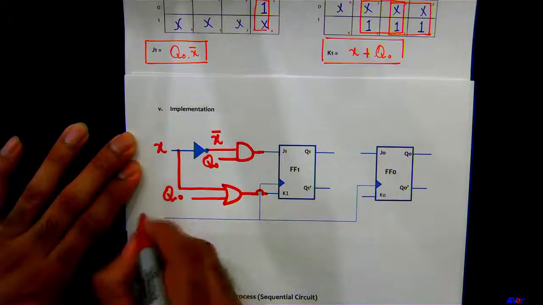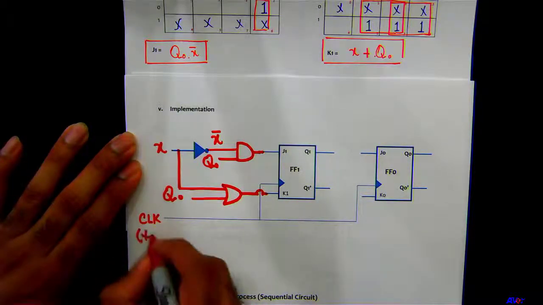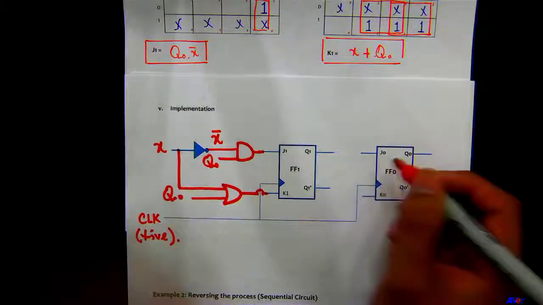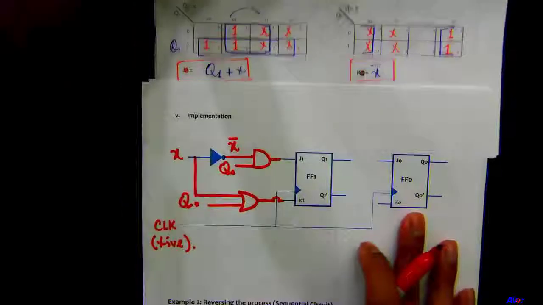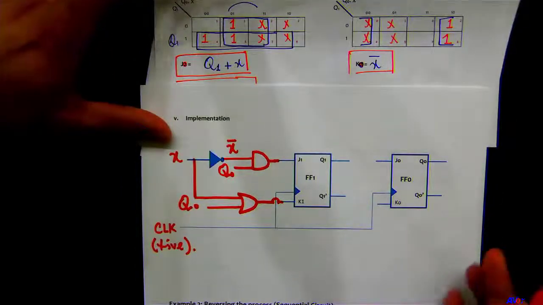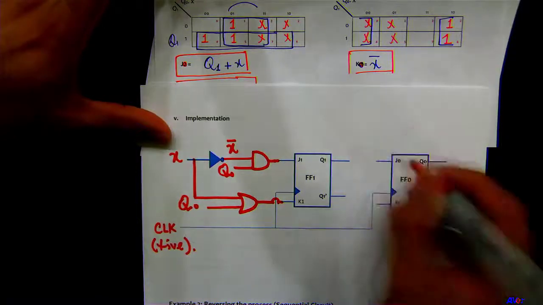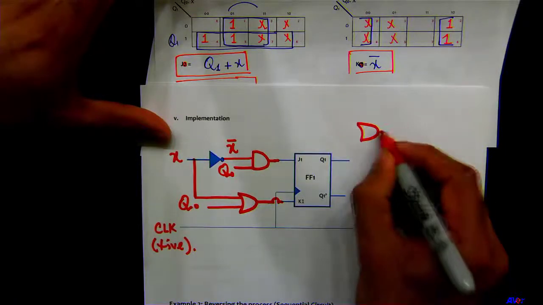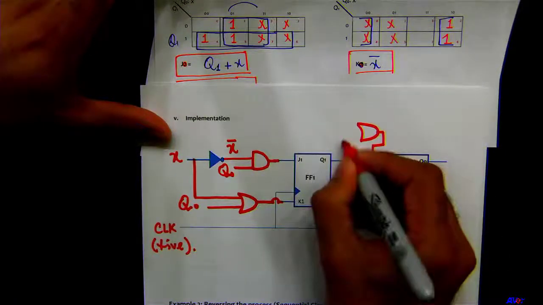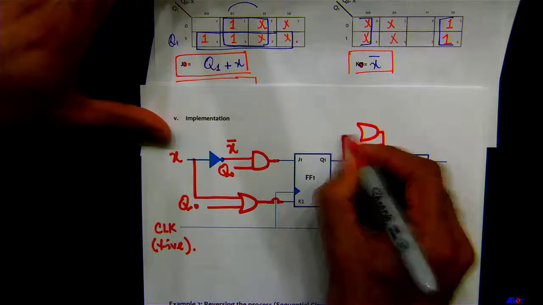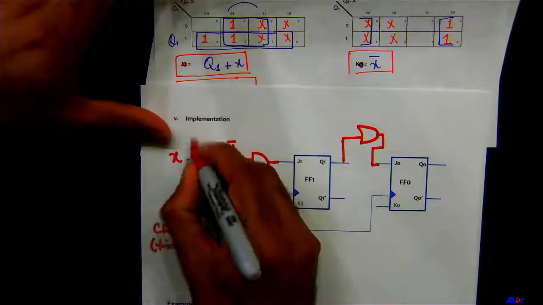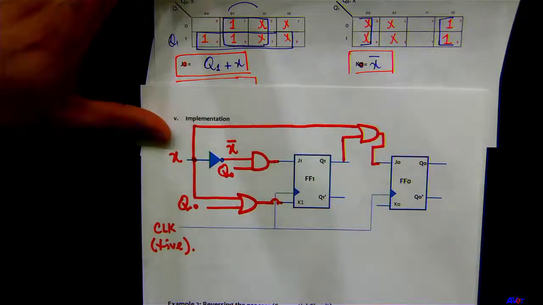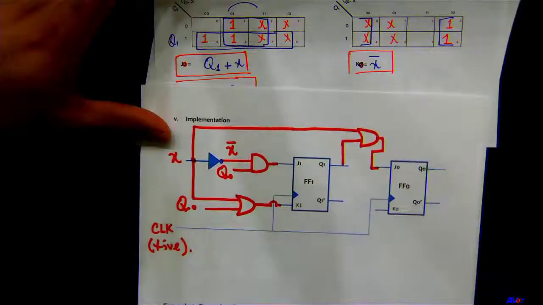Q0 here. Obviously, this is going to be the clock. Positive edge, right? Okay, let's now work on J0 and K0. So J0 is what? Q1 plus X. One of the inputs is Q1 and X. Cool.